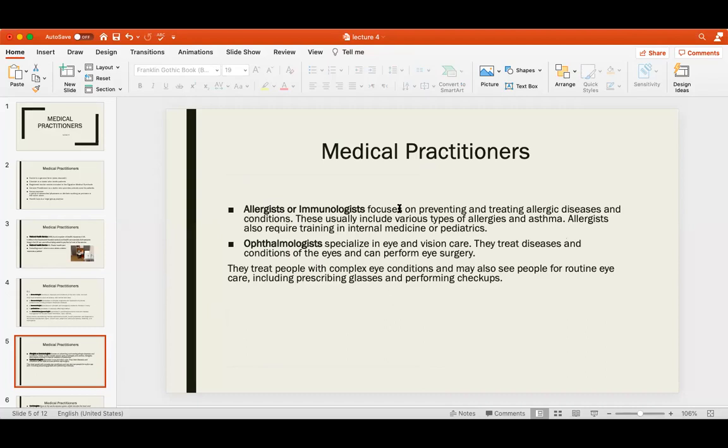So the allergist or immunologist focuses on preventing and treating allergic diseases and conditions. These usually include various types of allergies and asthma. Allergists also require training in internal medicine or pediatrics.